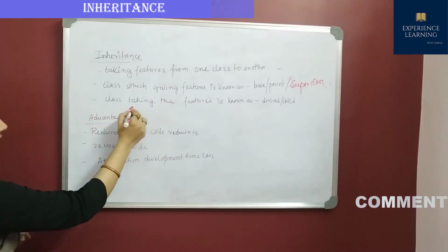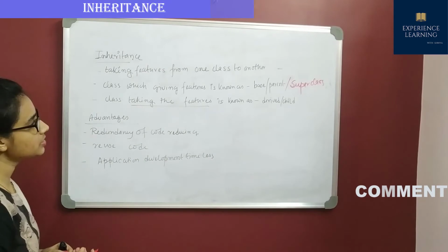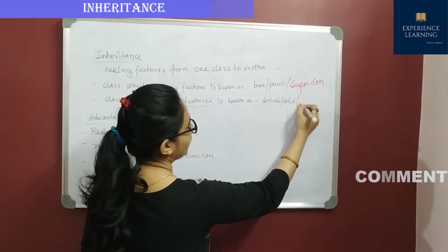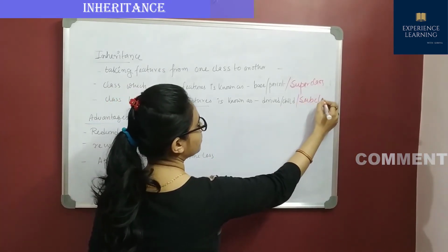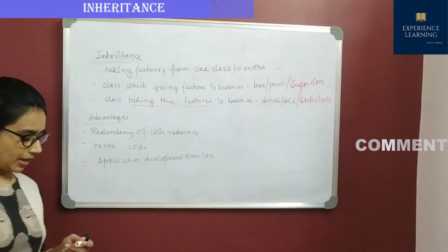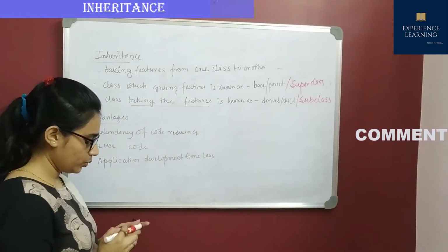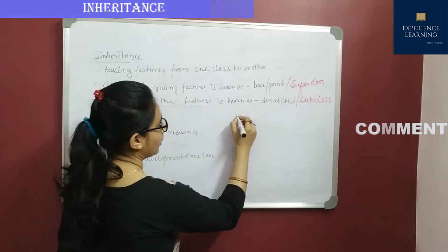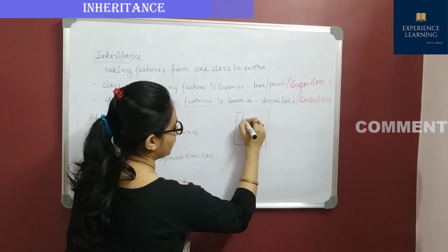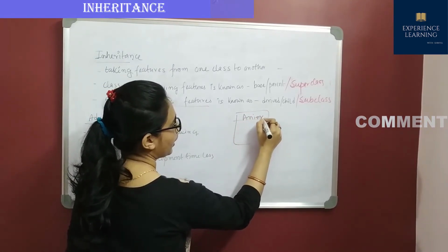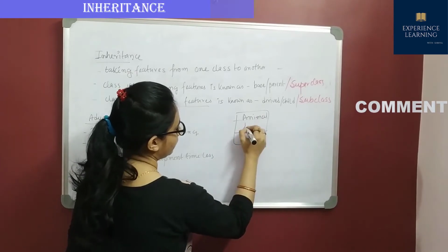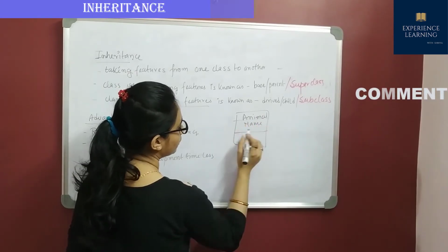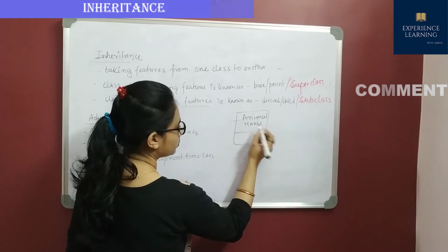And the class taking the features is known as the derived, child or subclass. For example, I am taking an animal class, with the name of the animal and color.